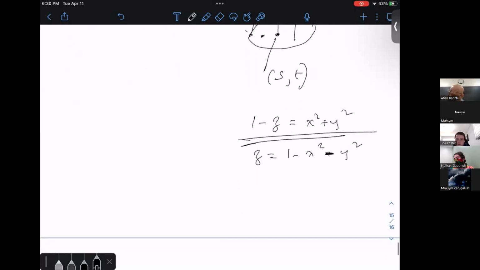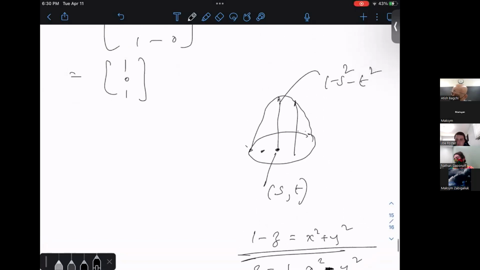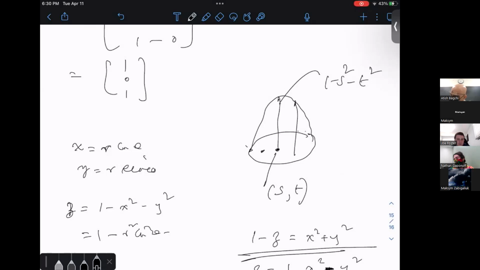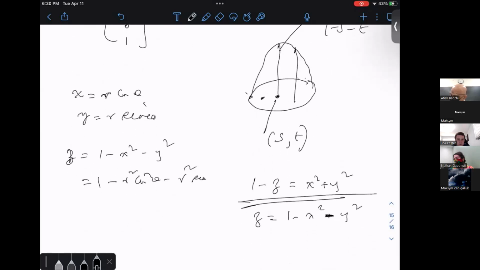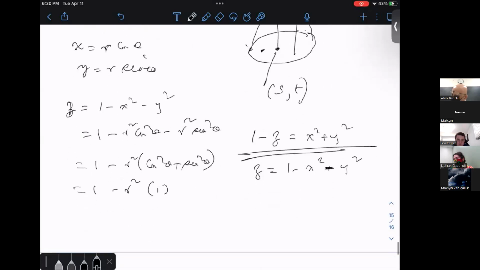That means we will take x to be r cosine theta, y to be r sine theta, and z to be 1 minus x squared minus y squared, which is equal to 1 minus r squared cosine squared theta minus r squared sine squared theta, which is equal to 1 minus r squared (cosine squared theta plus sine squared theta), which is 1 minus r squared.